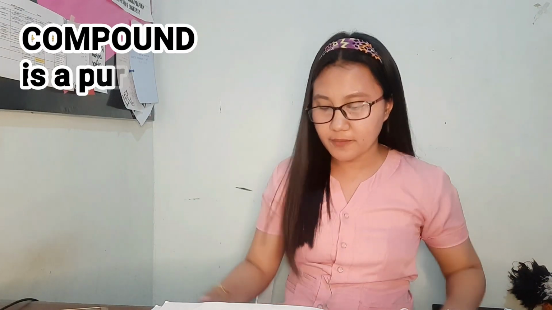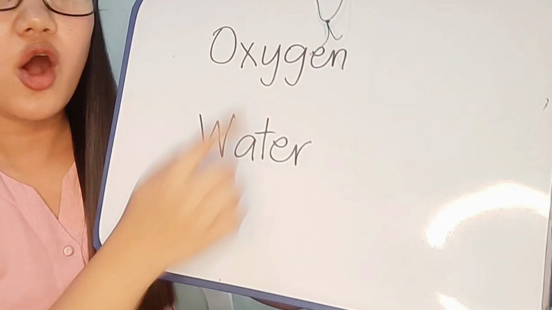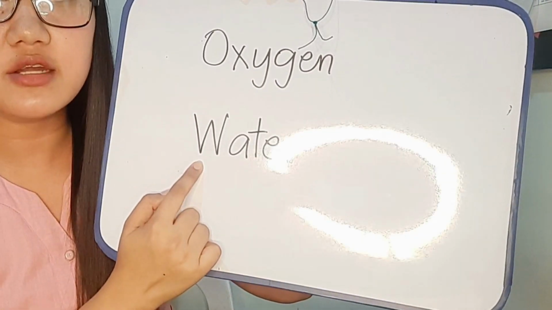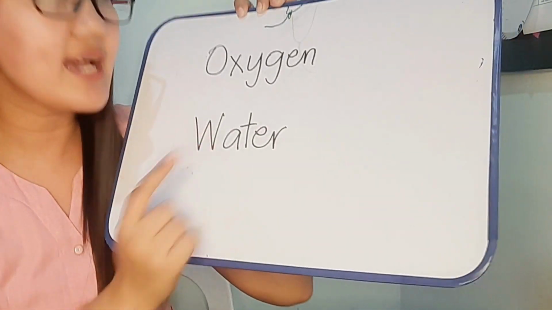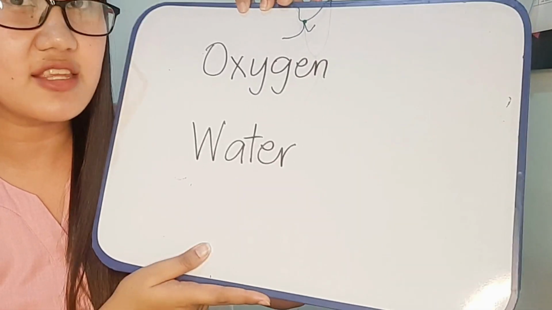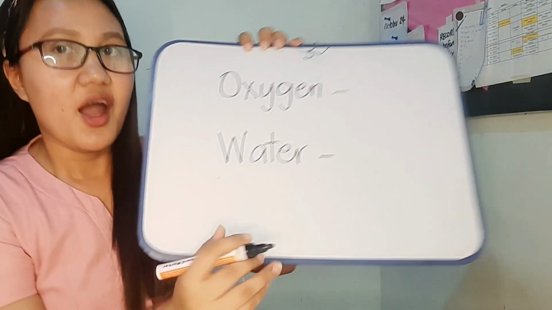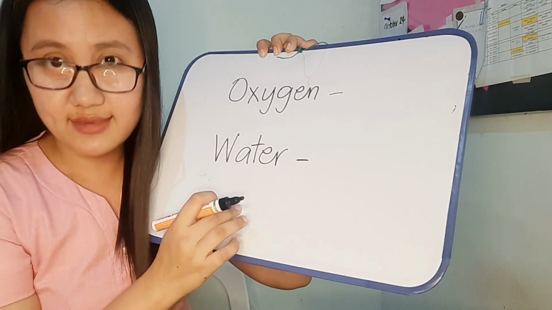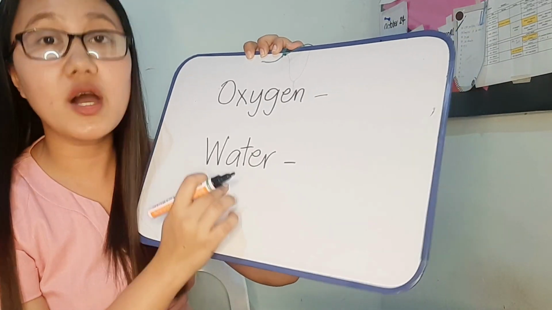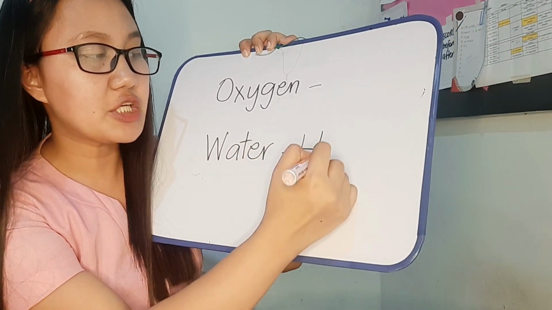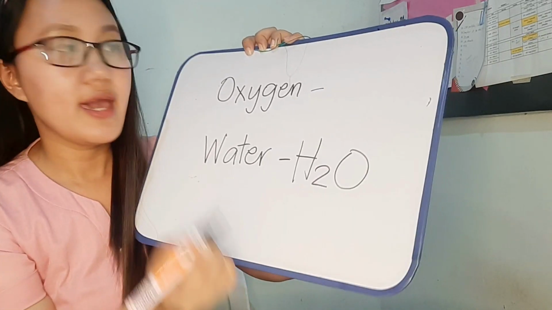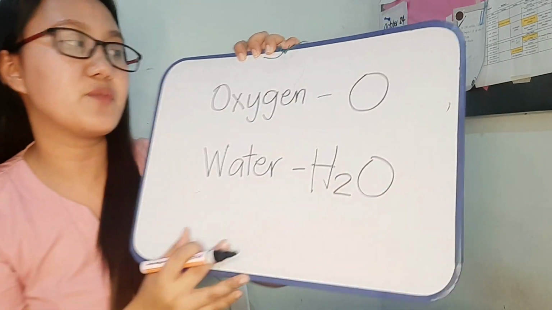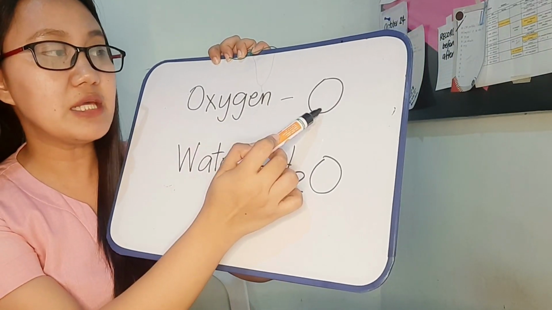So, for example, okay, we have here oxygen and we also have here the water. So, alin kaya sa dalawa ang element at alin dyan yung compound? Okay, pag ating isusulat ang chemical formula ng water, so we have H2O. And yung oxygen, syempre, ang symbol ng oxygen is simply O.